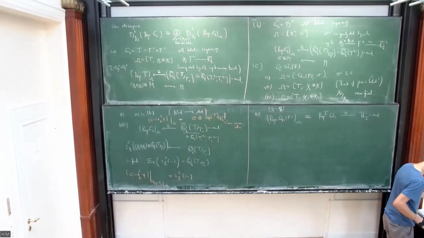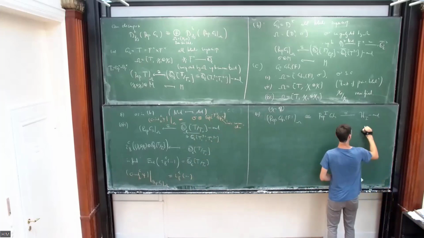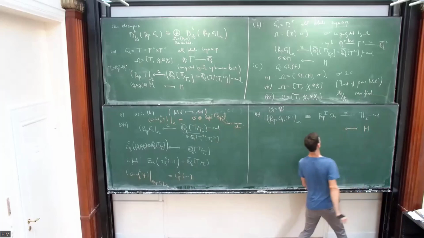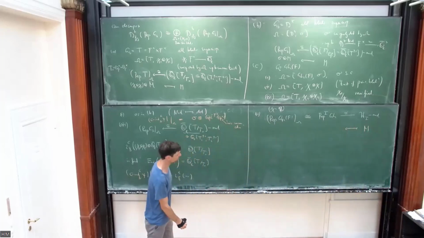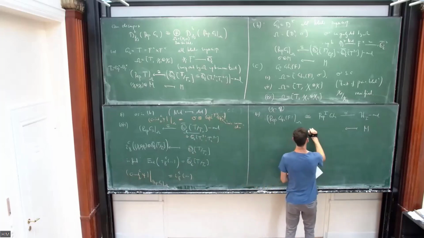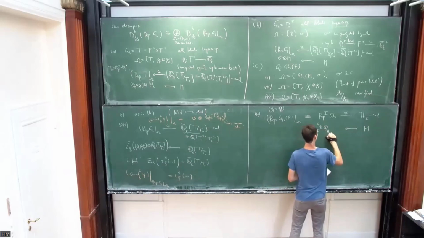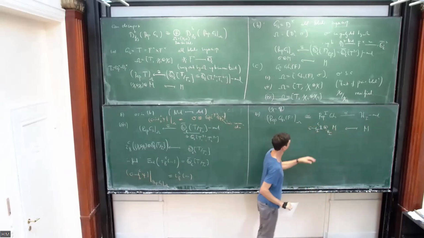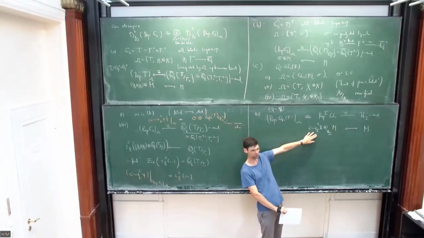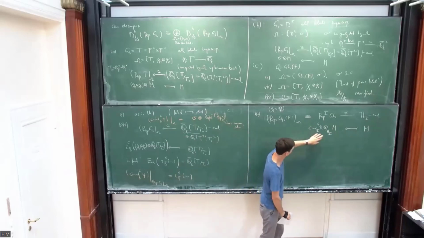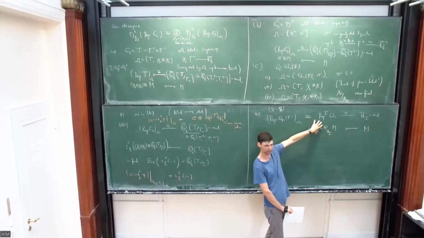What do I want to say here? I just want to tell you that this category has a generator, which is the compact induction from I to G of the trivial character, which has an action of the Iwahori-Hecke algebra, basically because by definition this algebra is the endomorphism ring of that one.